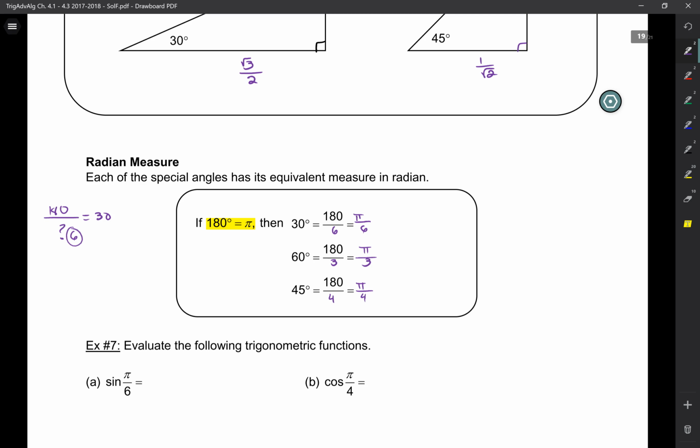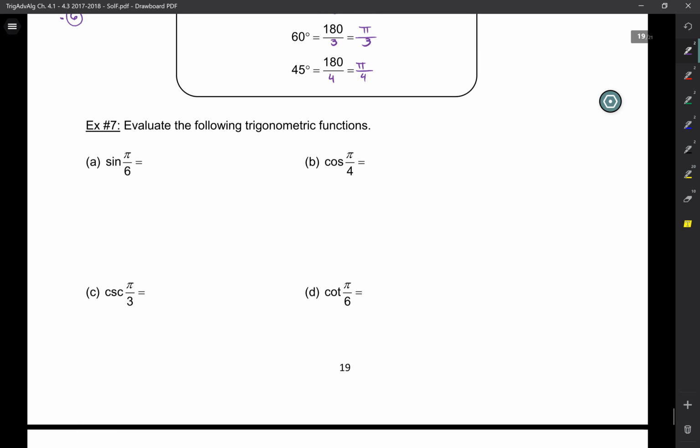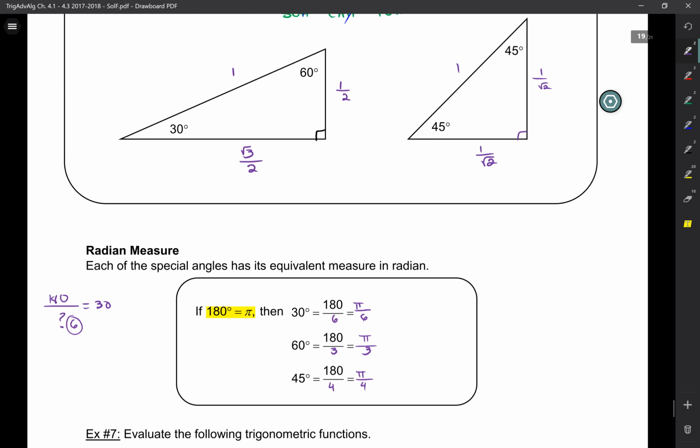Okay? All right, now evaluate the following trig function. So now I want sine of pi/6. Okay? Sine of pi/6. So pi/6 is like which angle? 30 or 60? Pi/6 is like the 30. So if I go here and I want the sine of 30, it's just the opposite, 1/2.